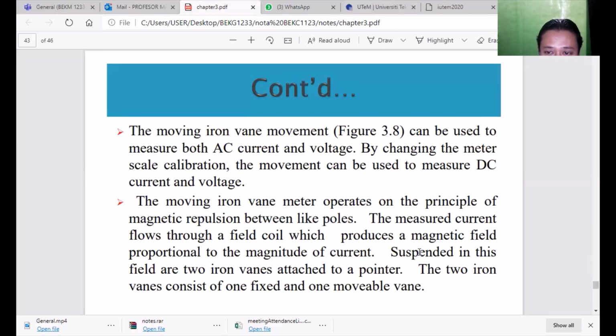Suspended in this field are two iron vanes, one attached to the pointer. One is fixed, another one is movable, and the movable one is attached to the pointer.